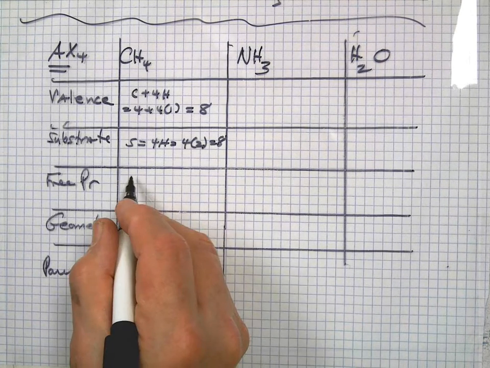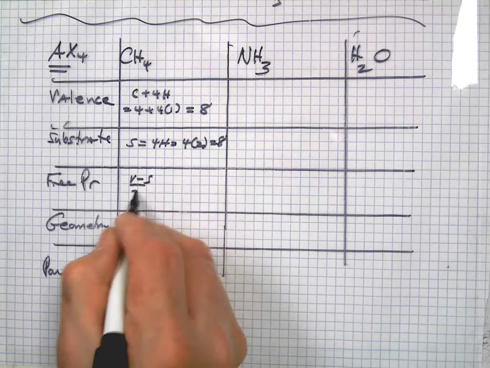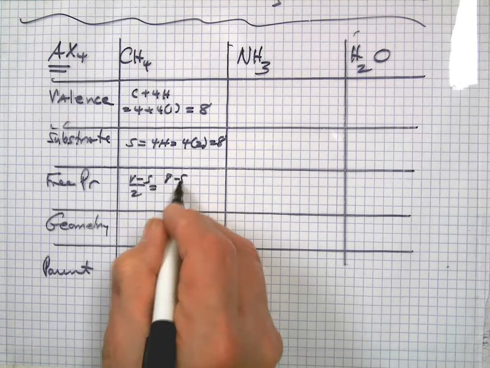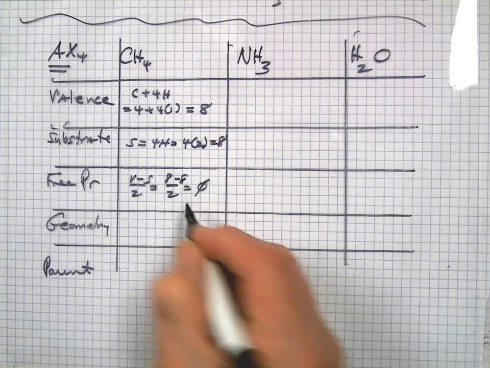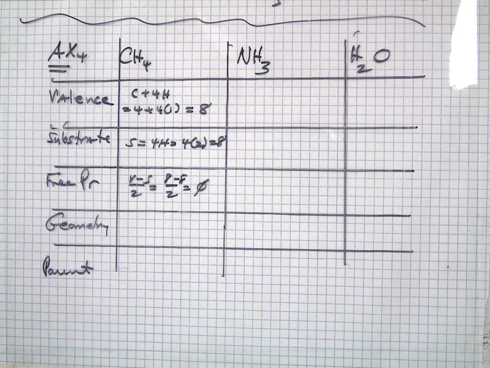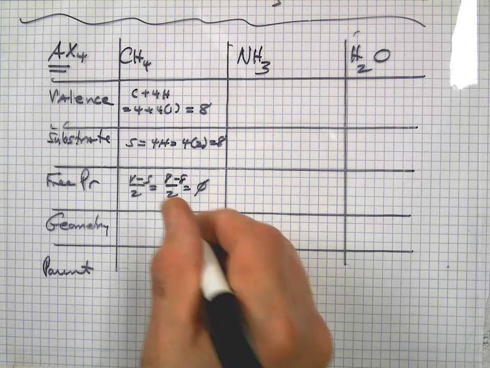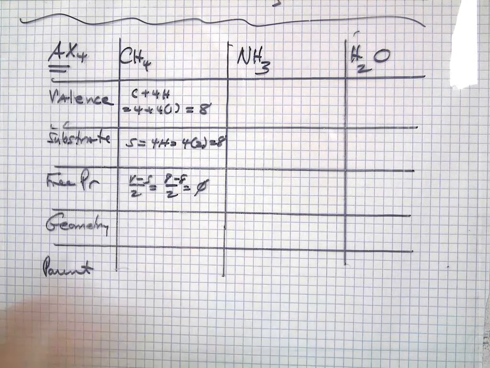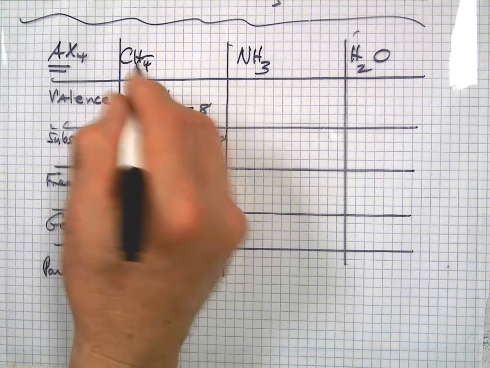Free pair is valence minus substrate over 2, 8 minus 8 over 2, which is 0 free pair. So the total number of electron pairs is all bonded pairs: 0 free pair and 4 bonded pairs.